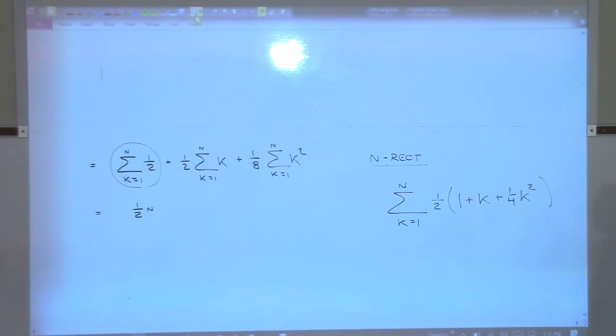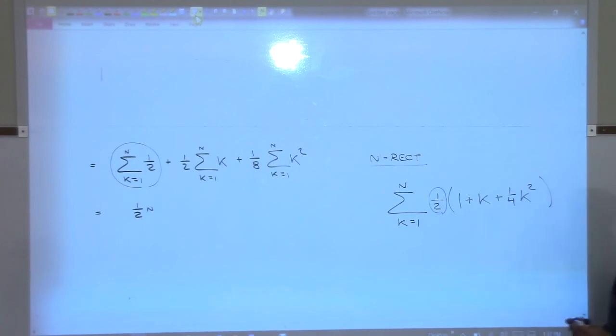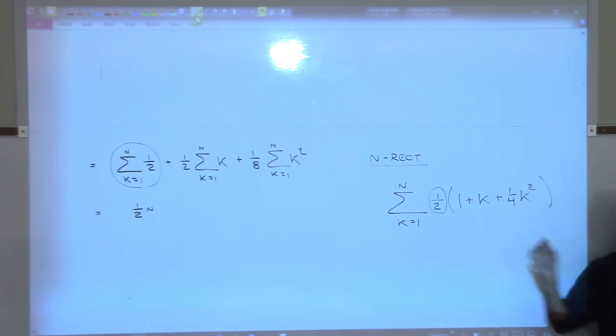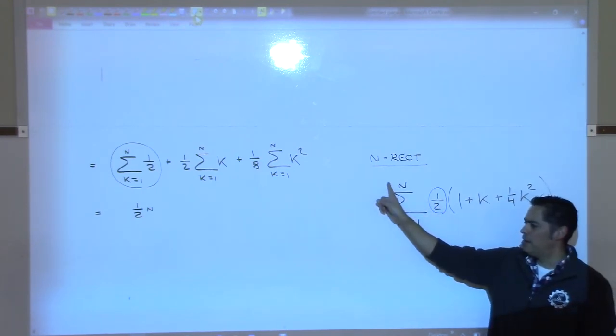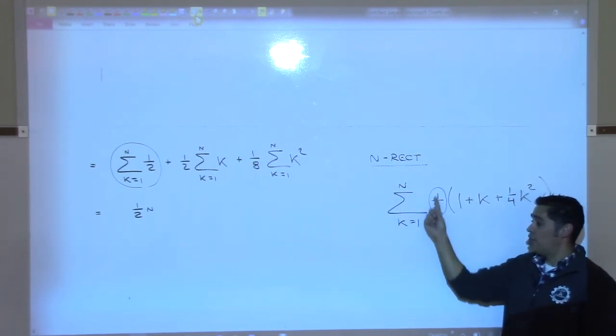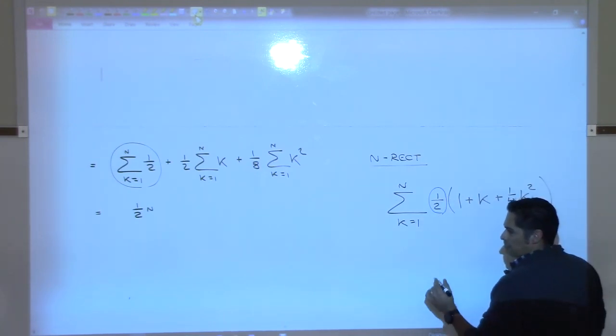We need to rethink this. Yeah, that's our width of our rectangles, right? That's our width. We'd have to change that. That wouldn't impact us if we had 70 up here, right? Well, no, I mean it would. We'd have to adjust it. If n was 70, it'd be 1 over 70.